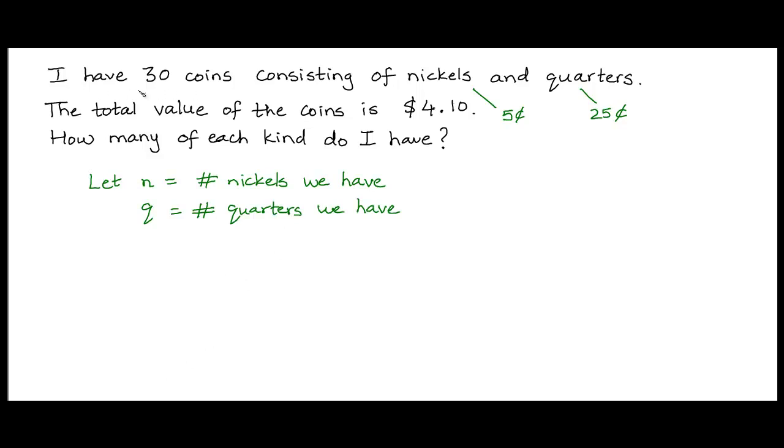We are given in this problem that the total number of nickels and quarters is 30. So if we add up N and Q, the result would be 30. We are also given that the total value of the coins is $4.10.